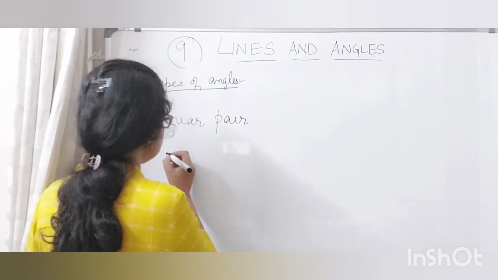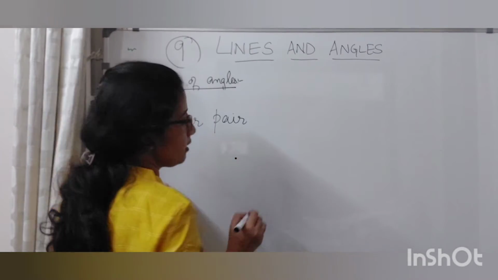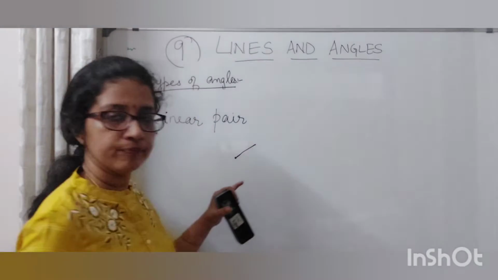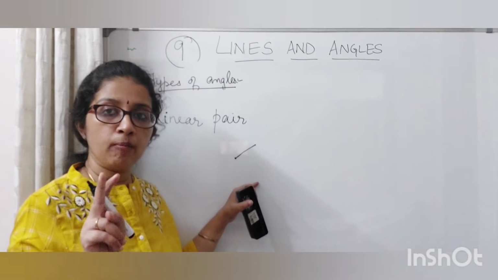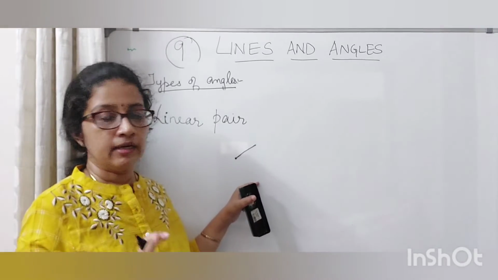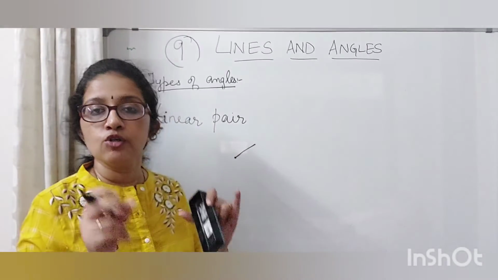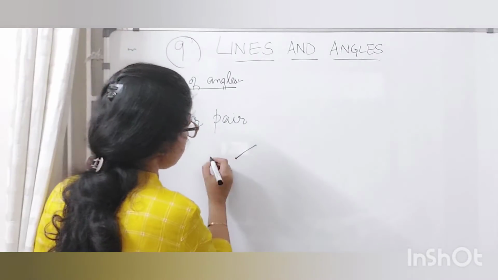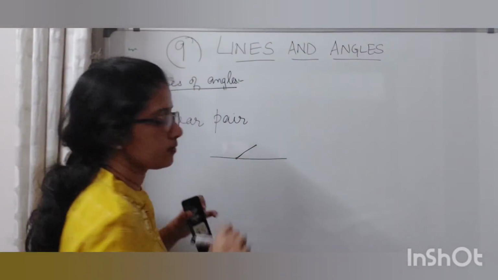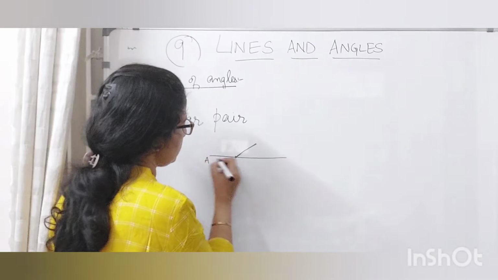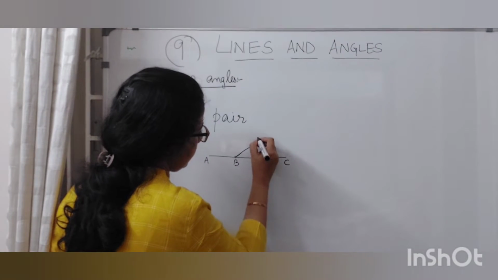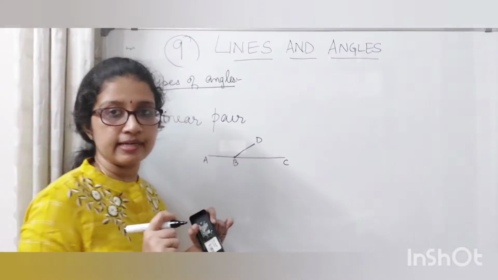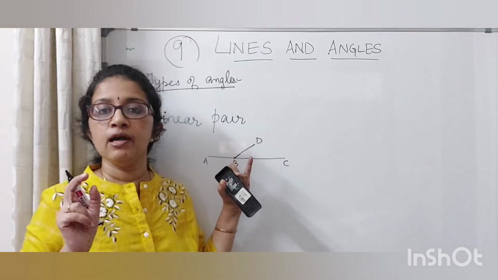We said there is a common vertex, and we said there is a common arm, and there are two non-common arms on either side. Now these two non-common arms should form a straight line. So let's draw this one. Let this be A, B, C and D. These two are adjacent angles, right? They satisfy all the conditions of adjacent angles.